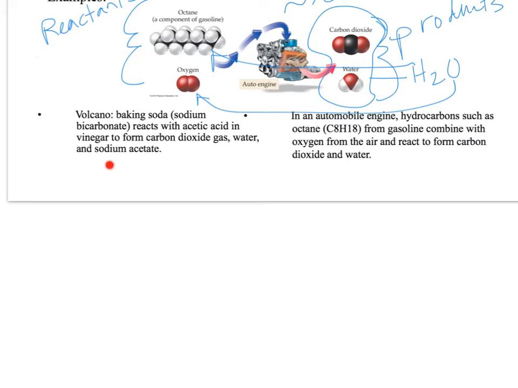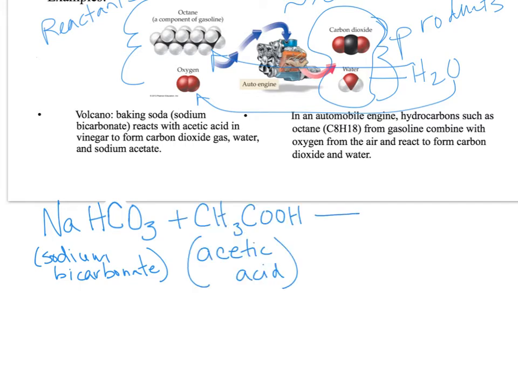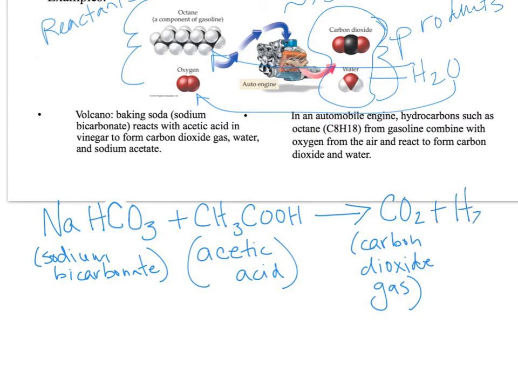In this example of our classic baking soda volcano, we have baking soda, which is sodium bicarbonate, reacts with vinegar, which contains acetic acid, to form carbon dioxide gas and water, plus sodium acetate.